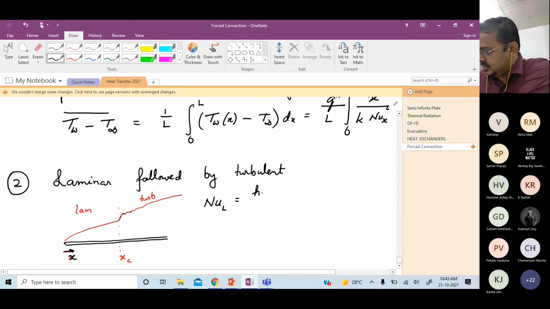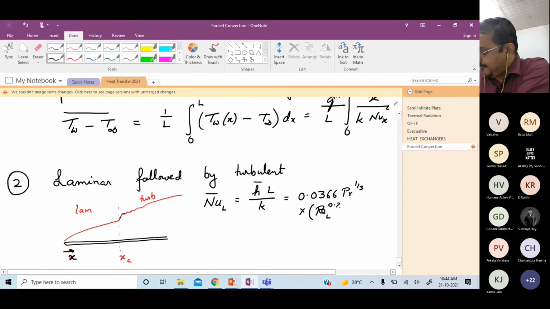Nusselt L is going to be h bar L over k equals 0.0366 Prandtl to the power 1/3 times Reynolds L to the power 0.8 or 4/5 minus C1.